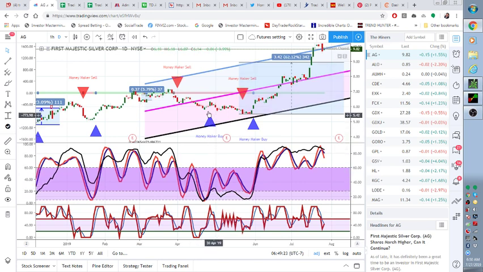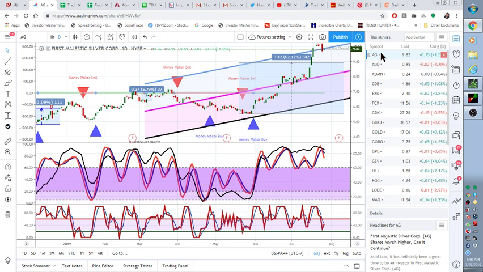The next time it flashed, everything was in alignment. For me, once these things reset like this and it's coming up, you've got a buy signal and you've got this all in alignment. Here's a great trade, and it turned out to be a beautiful trade for us. First Majestic is definitely one I like a lot.